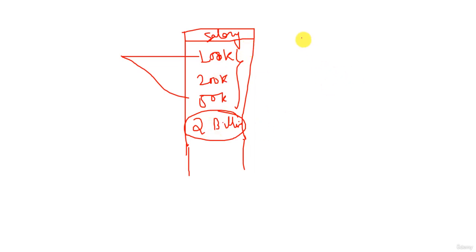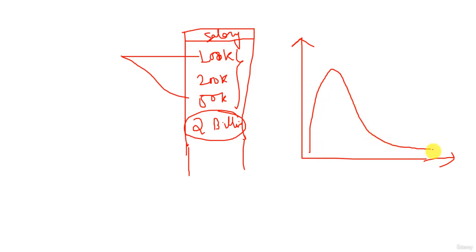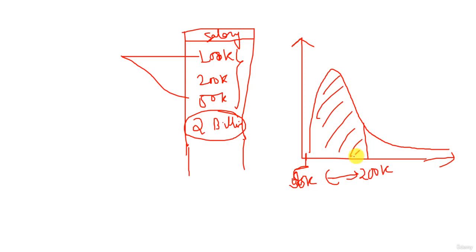Now if I plot the graph for this one, I will get something like this, a positively skewed distribution. See here, most of the people's salaries will be from 50K to 200K. Within this range I have collected most of the people's data.